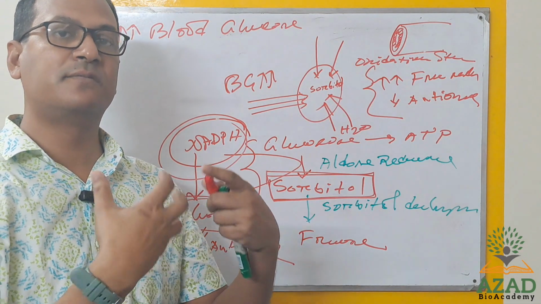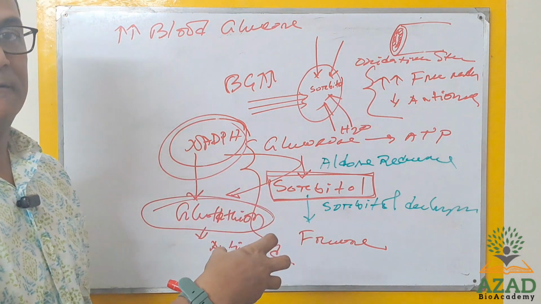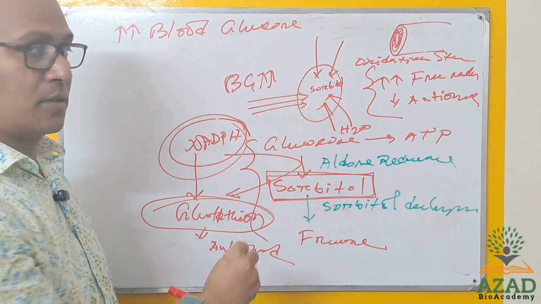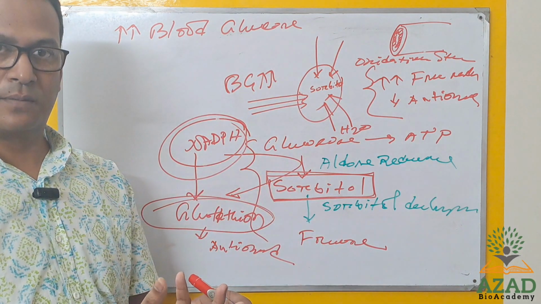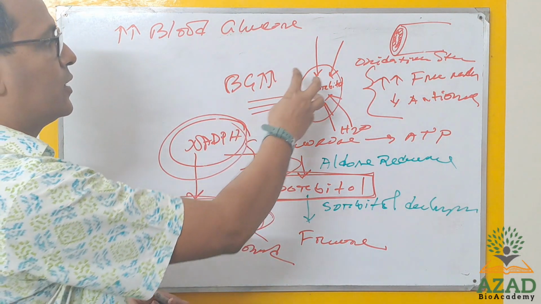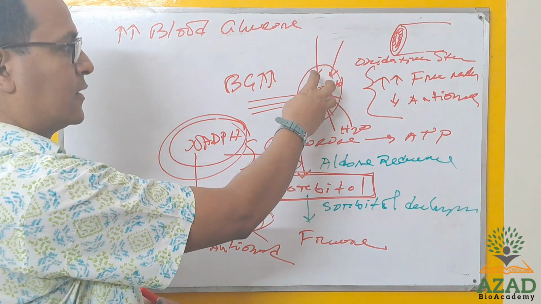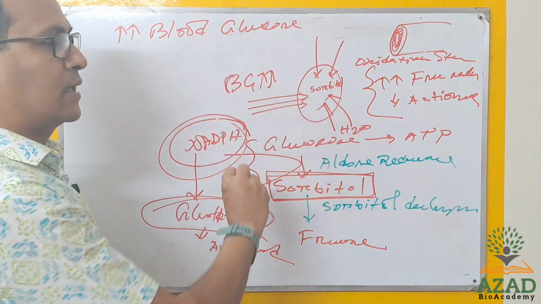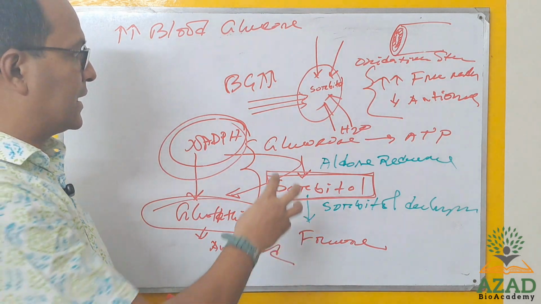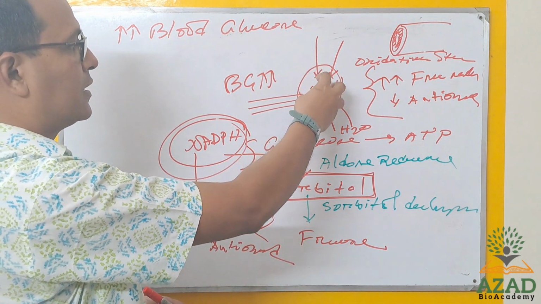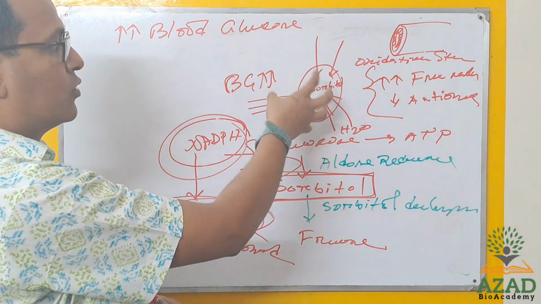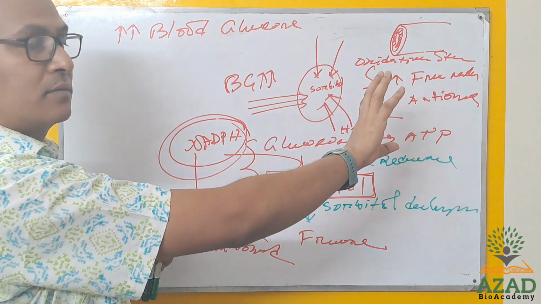It will make dysfunctional organelles. That means misfolded protein will be produced, and it will increase the osmolarity within the cell. It will make the cell dysfunctional because the internal condition is completely hampered. The homeostatic condition is hampered by the sorbitol.